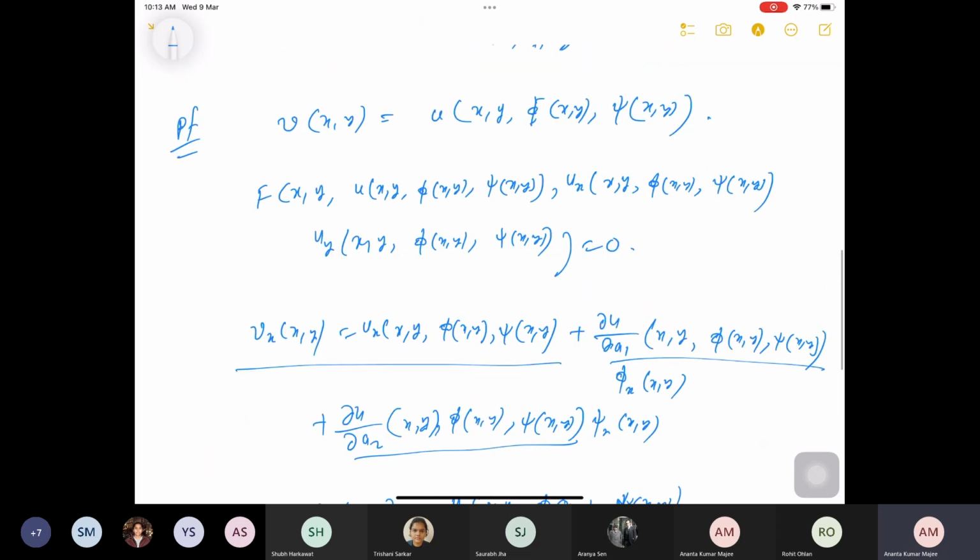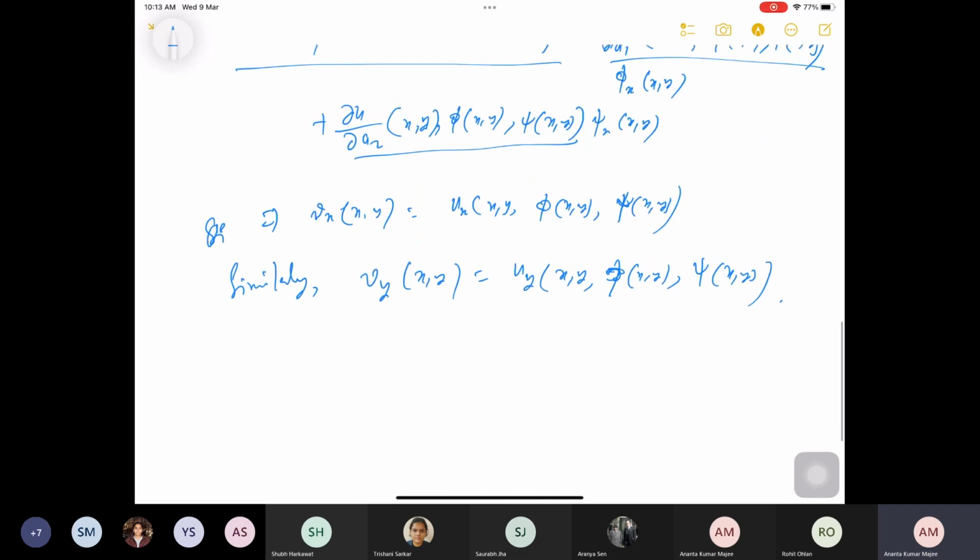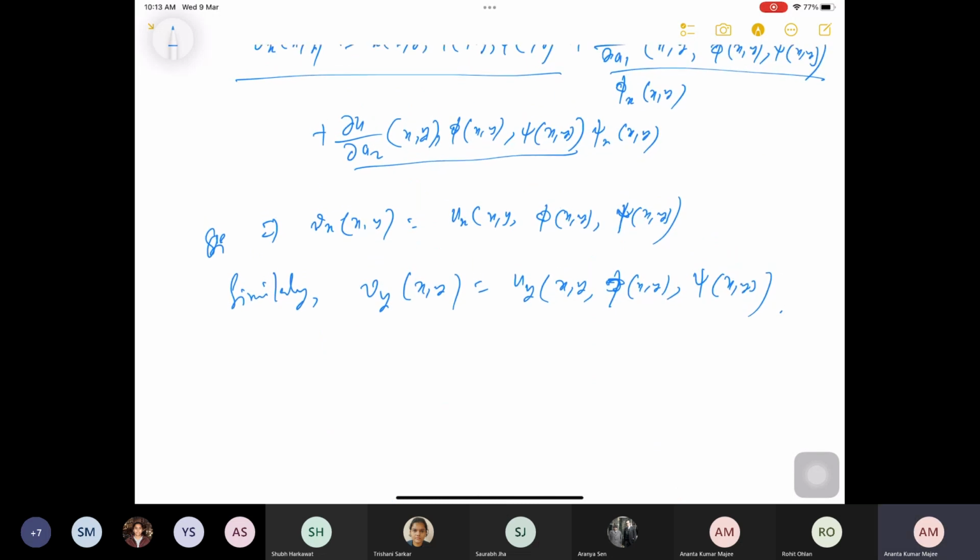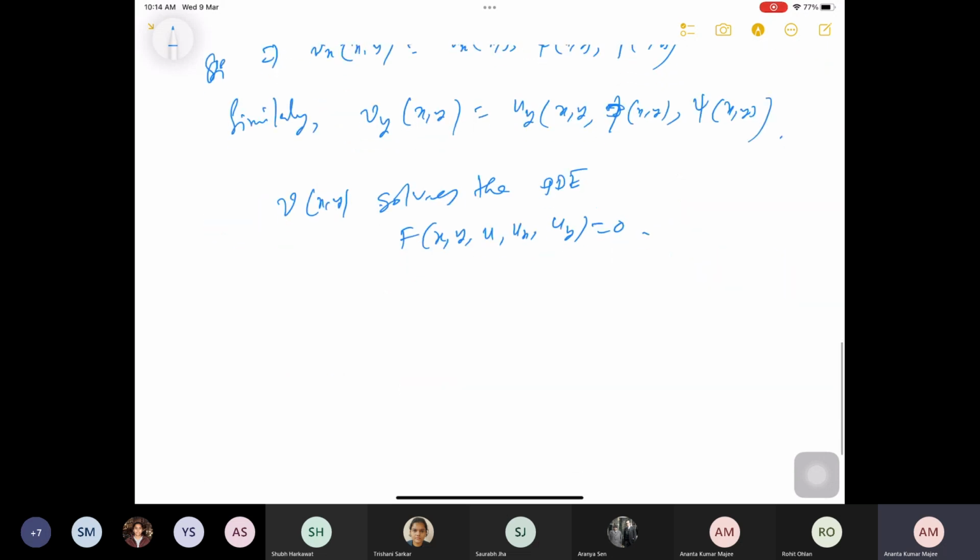So now since my f satisfies these things, because u is a complete integral with respect to the parameters a1 and a2, then I have that v(x,y) solves the PDE. So this solution v, the envelope of your family, solves your first order PDE.